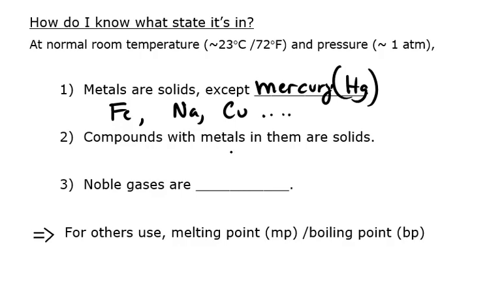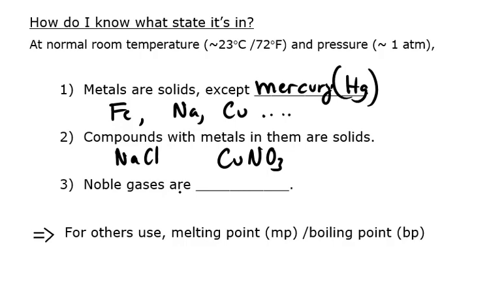Any compound with a metal in it is also a solid. For instance, NaCl. Sodium's a metal, so that's a solid. Copper nitrate. Copper's a metal, so that compound is a solid. So whenever you see a metal atom in a formula, that means that substance is a solid. Okay, the noble gases.